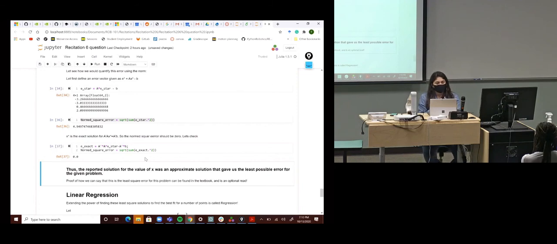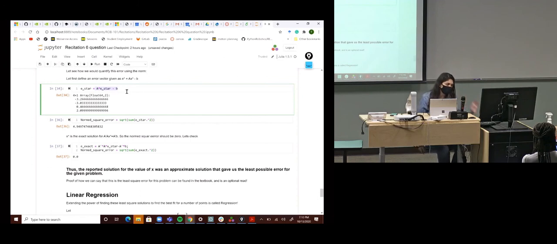So we've now found a way to approximate our solutions. I know that this x star will give you the least normed error for this system of equations as well. How do we know that? Well, we've proved it mathematically, and it's in our booklet, but that proof is optional.